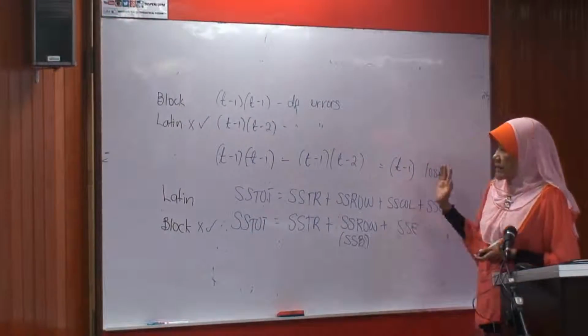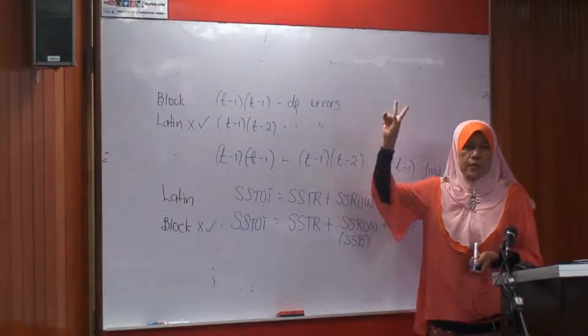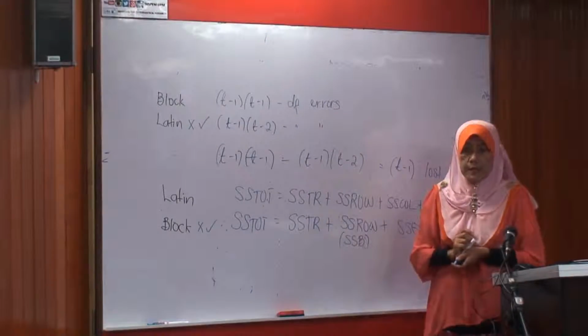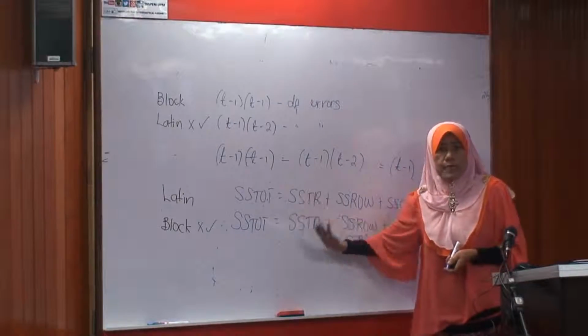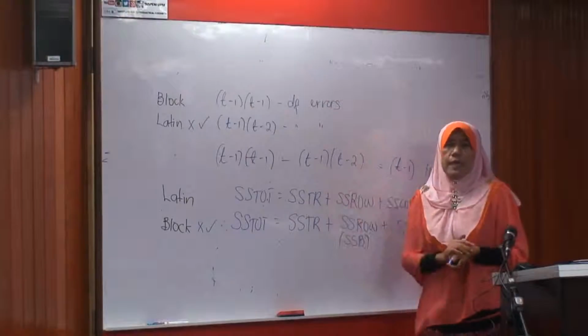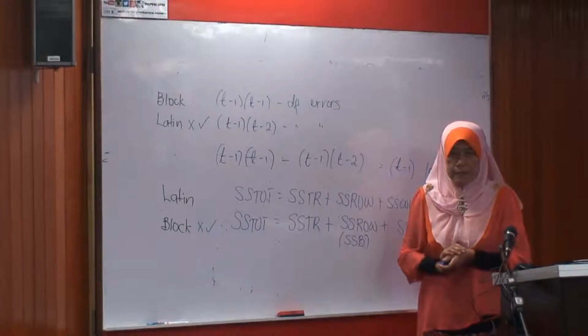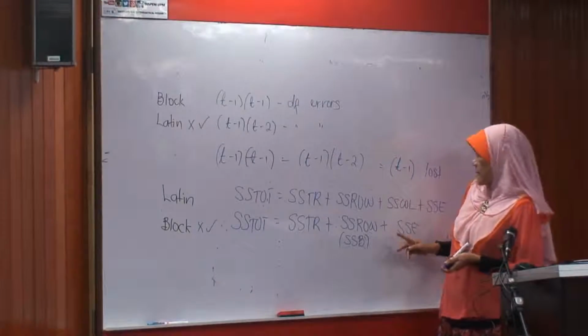Now, since the Latin square is necessary, there exist two extraneous factors that will affect the experimental result. But you use a block design. When you use a block design, you only consider one extraneous factor that will affect the experimental result. This means you do not consider the column effect.